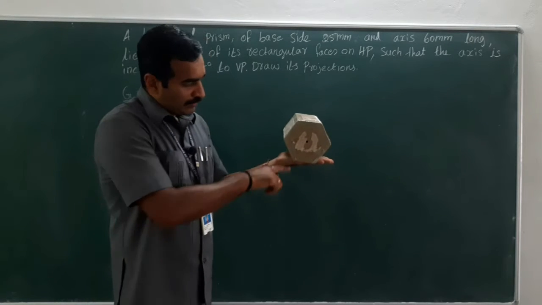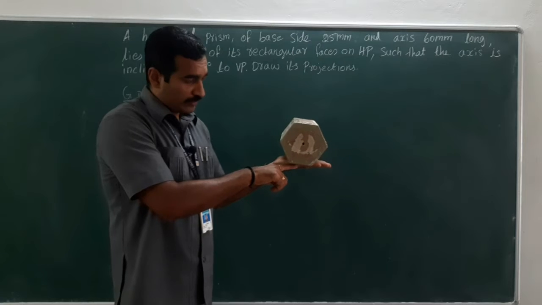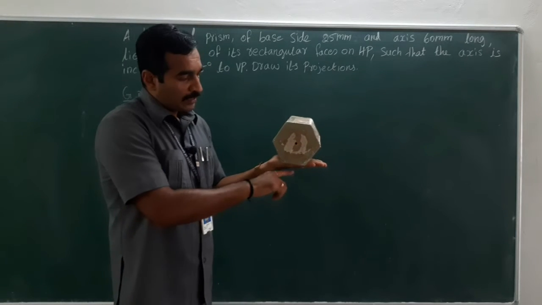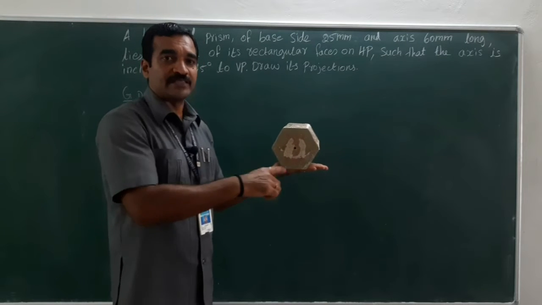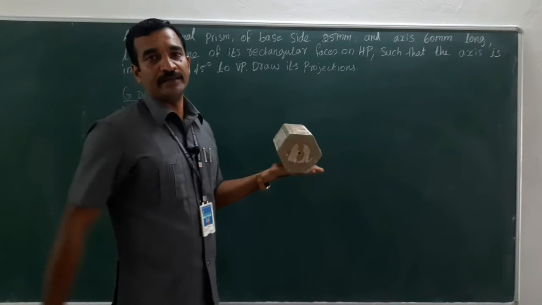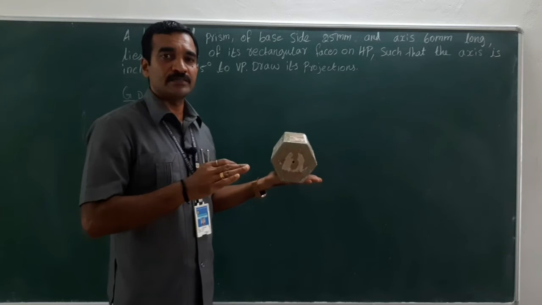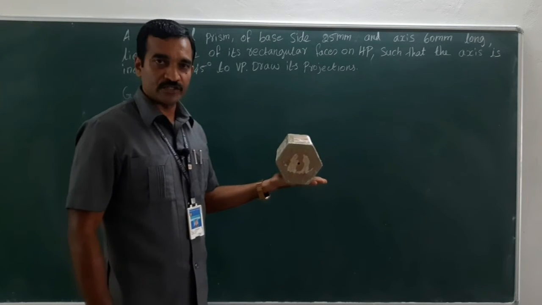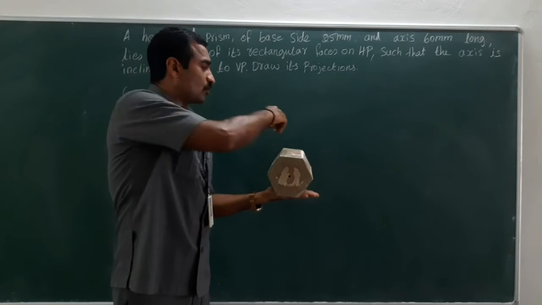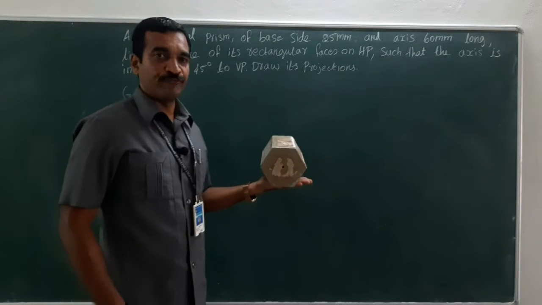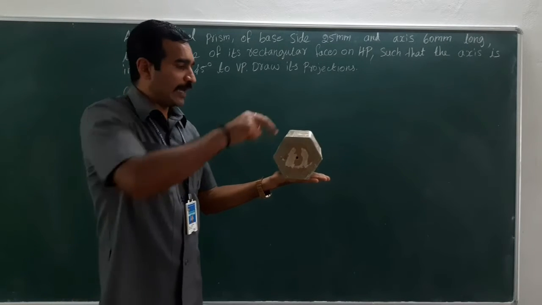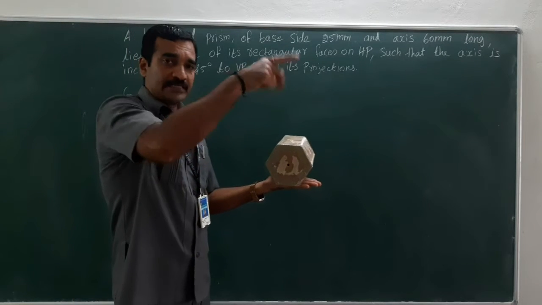And since it is resting on HP with the rectangular face, this side should touch the XY line. That is the difference between the previous problem and this problem. When you look from the top, you could see the rectangular faces. So this is how the object is positioned, and further the axis is inclined 45 degree.